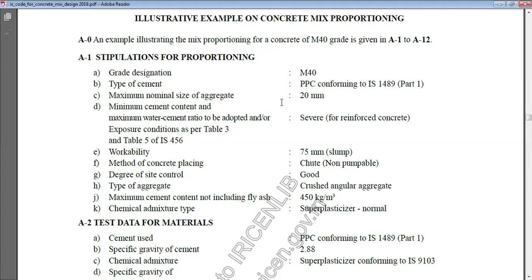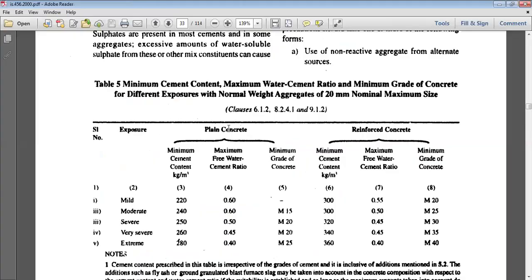Next, in IS 456 table number 5, they give how the concrete should be exposed to the environmental conditions. It is severe conditions. I will just show table number 5 of the IS 456.